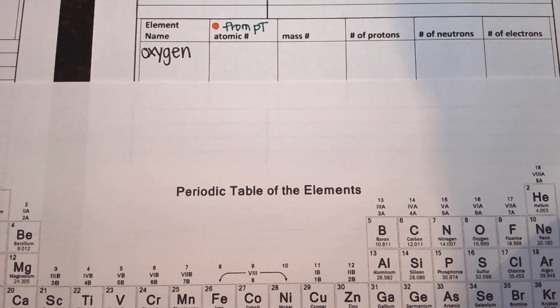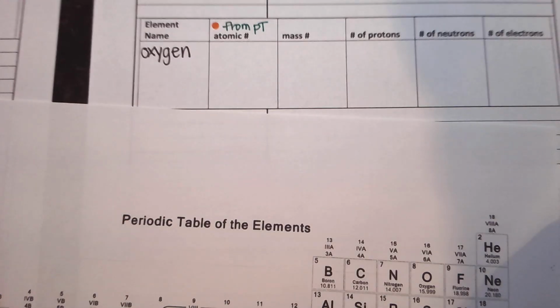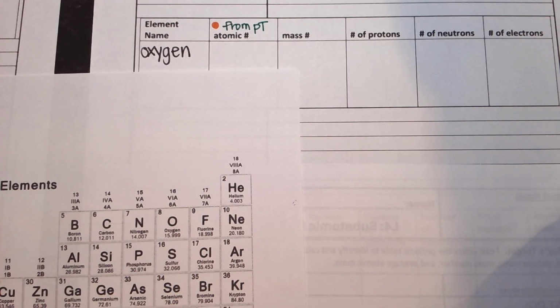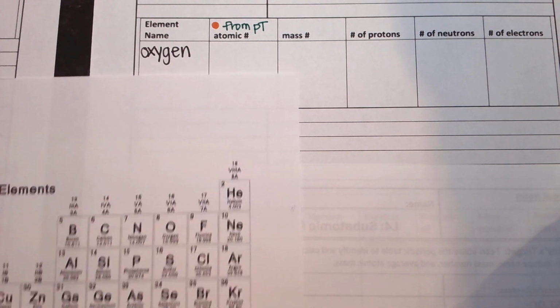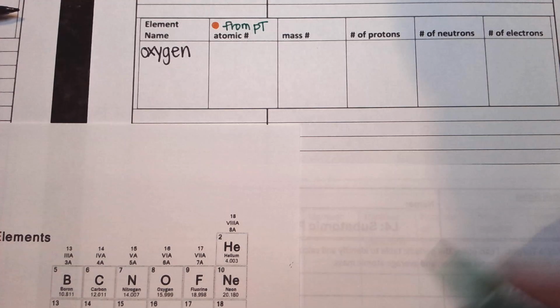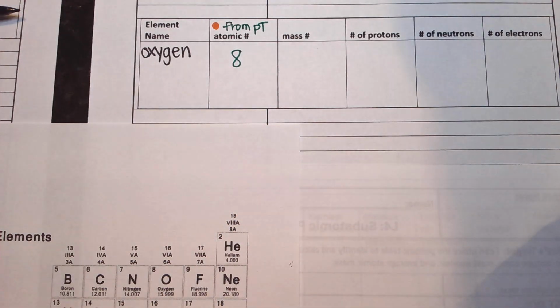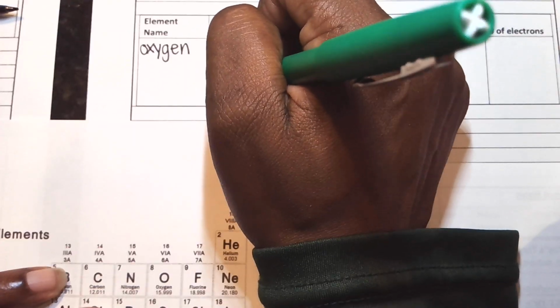So if I look at the periodic table for oxygen, oxygen has the symbol of O, but even if I didn't have that, I had the spelling. So the oxygen symbol is O, and the atomic number is this whole number that is right there. So on my periodic table, I'm going to write that the whole number is 8.